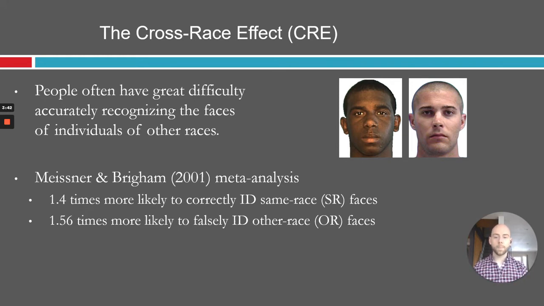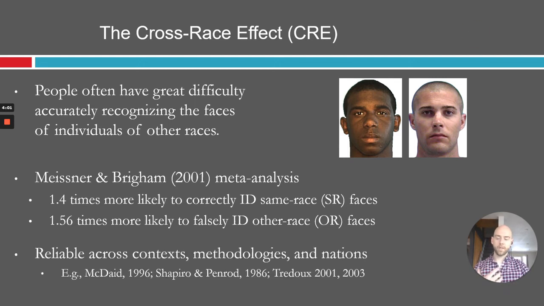But also, one of the types of mistakes is really heavily affected by race: falsely IDing, so a false alarm of saying that a person committed a crime when they were not that person. And that is over 1.5 times more likely that you falsely ID somebody of a different race than your own. This is a really robust finding, and it is difficult to get rid of.